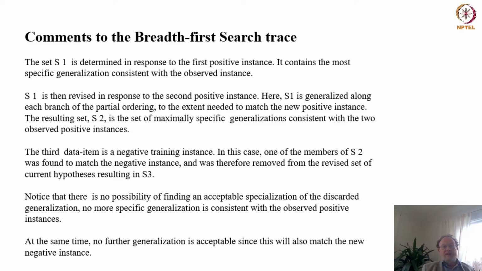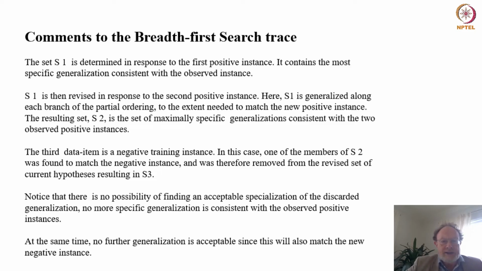So the resulting set S2 is a set of maximally specific generalizations consistent with the two observed positive instances so far. And of course, you should also observe here, like in the examples for depth first, that every instance is an unordered pair of objects. So the order of the two parts within the instance doesn't matter.